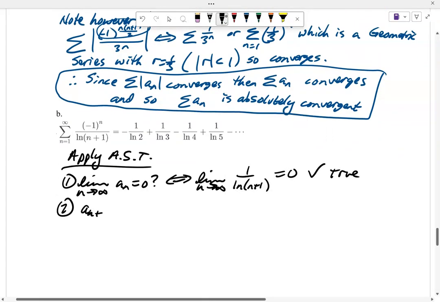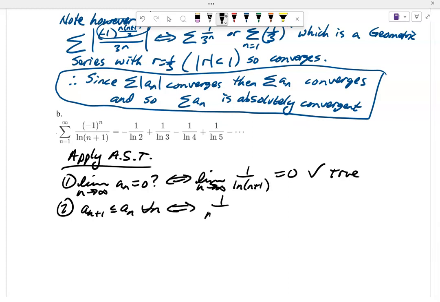So then the question becomes, is this true for all n? Is 1 over natural log of n plus 2 less than or equal to 1 over natural log of n plus 1?